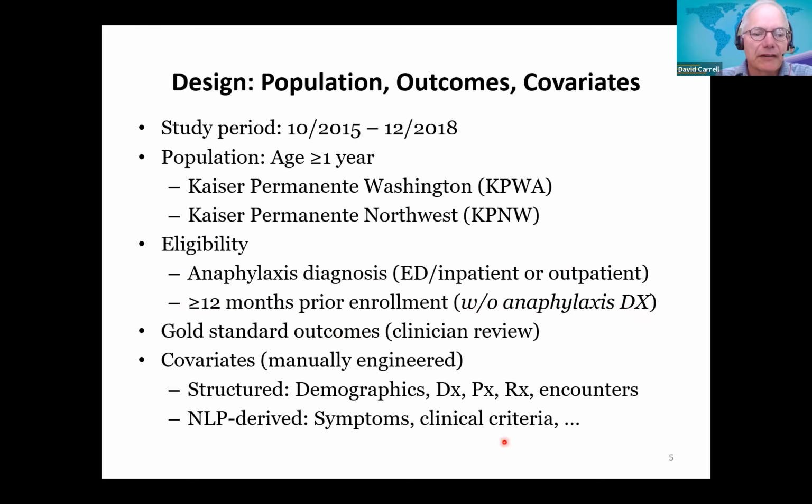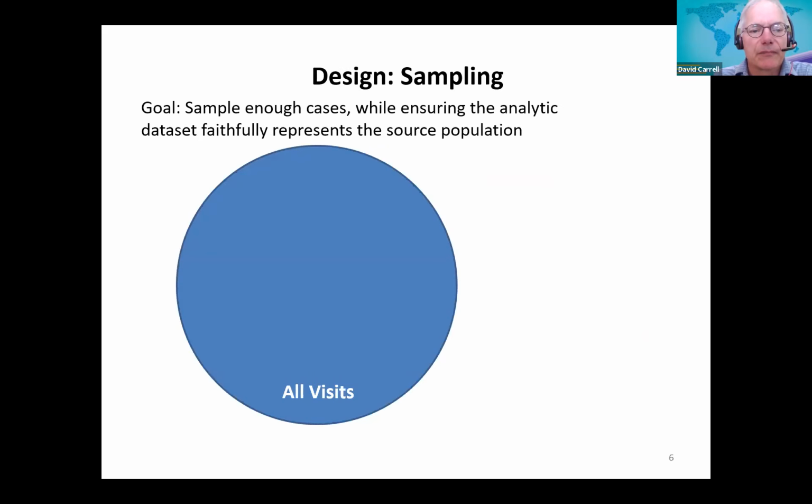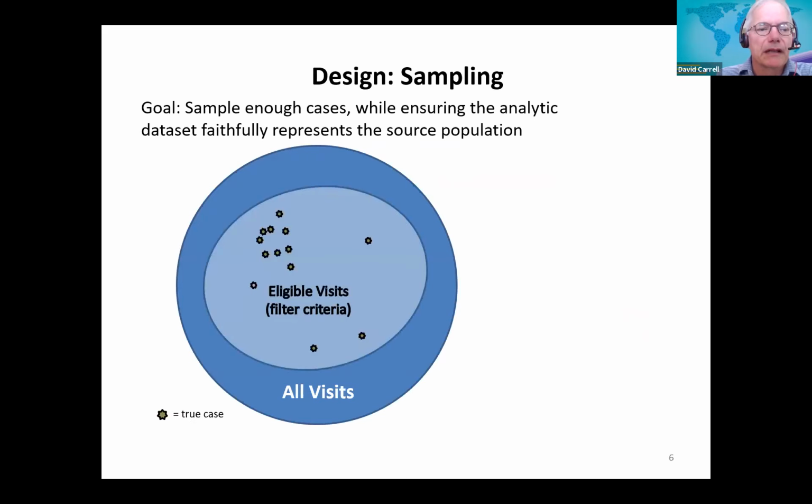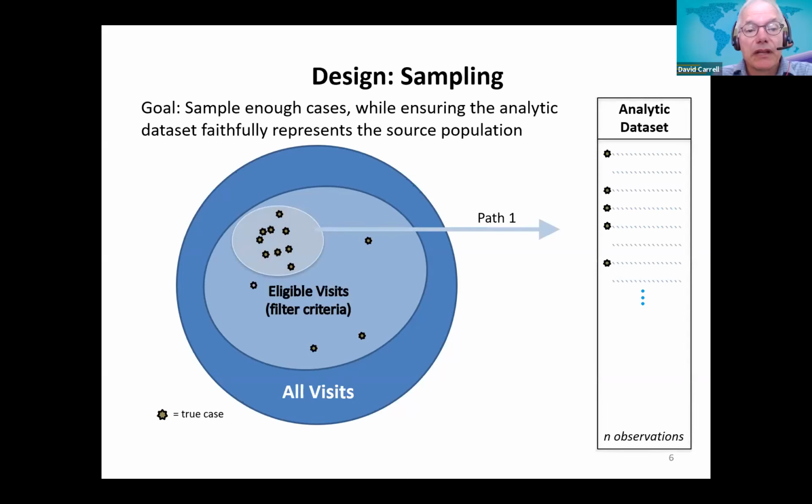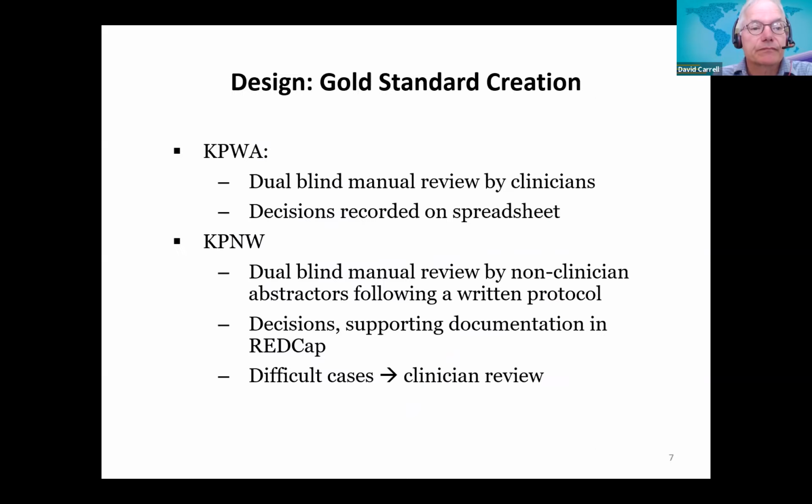We created a gold standard, and as I'll talk about in the next slides, created several covariates. First, I won't go into too much about our sampling. Though we identify people, the lighter blue circle represents those that have an anaphylaxis code. The lightest blue circle are those codes appearing in inpatient or ED settings. And then we sampled separately from them with a stratified approach.